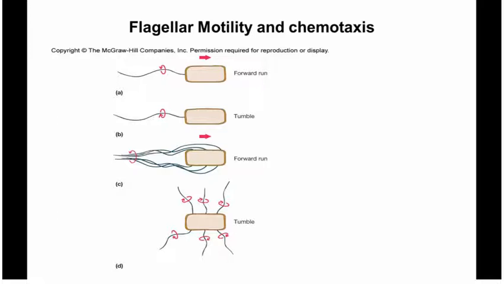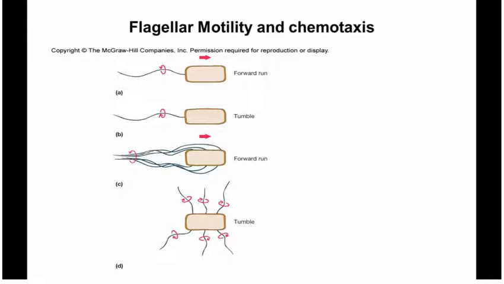And somehow in here there's going to be a little regulatory circuit that detects we're going away from the sugar. And this has a consequence of changing the flagella rotation to clockwise. So this bacterium is going to start tumbling, moving in all directions. And then after a while, it's going to switch to anti-clockwise rotation again.